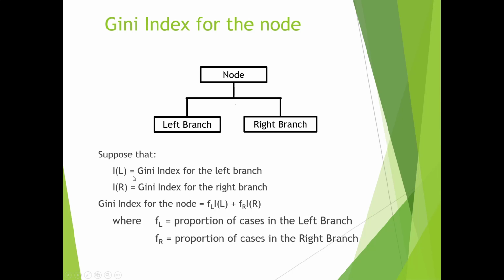We compute the Gini index for the left branch and for the right branch, and then we take a weighted average of the two. Say you have 100 observations in the root node, 70 branching into the left side and 30 into the right side. You weight the left side index by 70% and the right side index by 30%, and you get a weighted average of the index. That's the approach we're going to take.